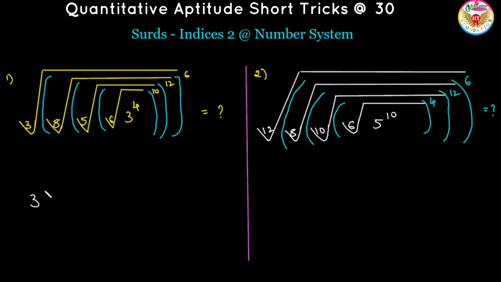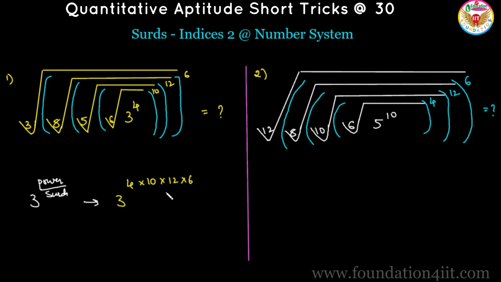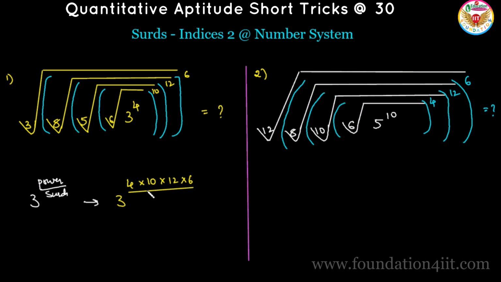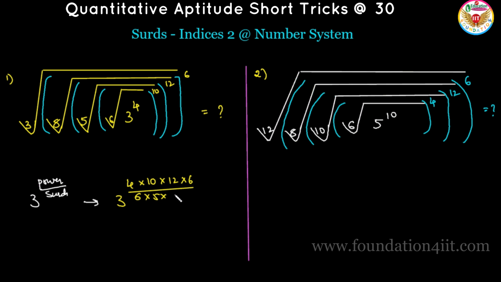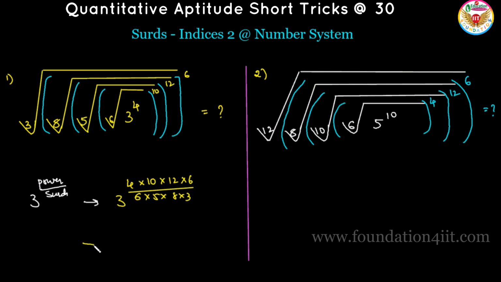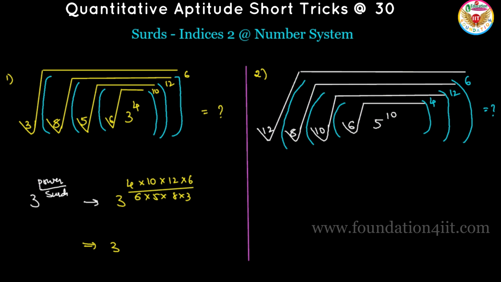So the short method is to write all the powers in the numerator and the surds in the denominator. That means we can write this as 3 to the power 4 multiplied by 10 multiplied by 12 multiplied by 6, divided by 6 into 5 into 8 into 3. If you simplify, you'll get the answer finally.